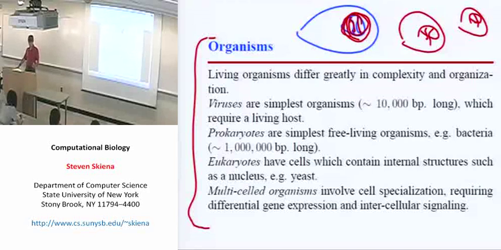The simplest things that you might call living are viruses. You as computer scientists are familiar with viruses because you get them by email. It's actually a pretty good term. A virus is a piece of code that runs on your operating system and causes you problems.